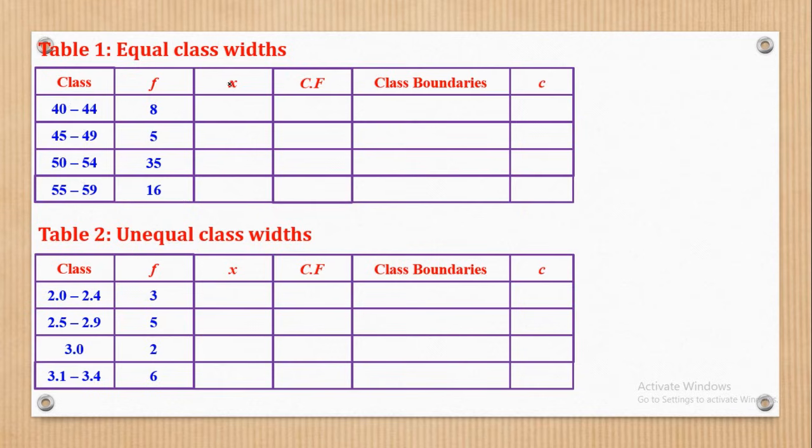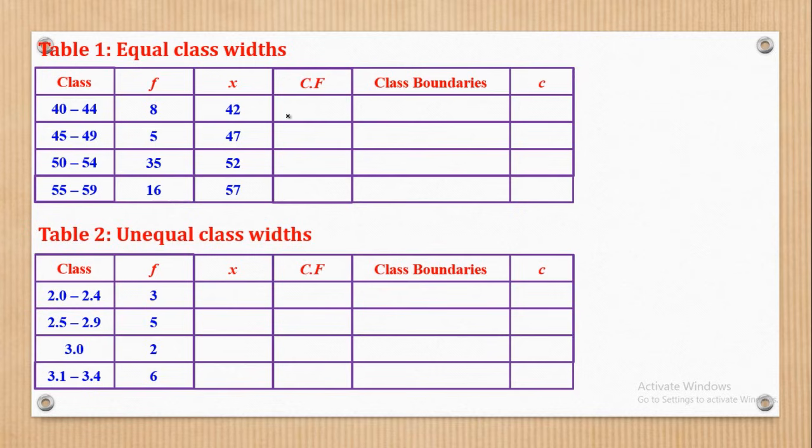So let's start with the class mark. For class mark, you add this to this and divide by 2 to come up with this. This plus this divided by 2, and this plus this divided by 2. So that is how they get the class mark. It is the average: upper class limit plus lower class limit divided by 2. Then cumulative frequency, we said it is the total frequency up to a given point.